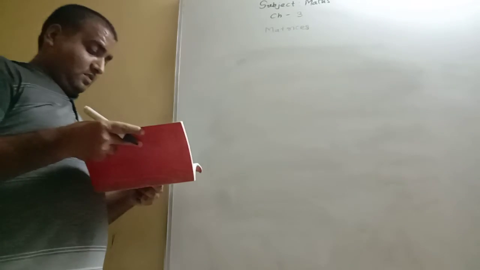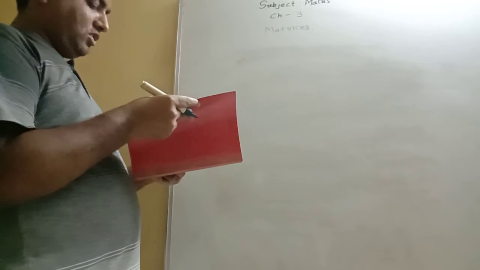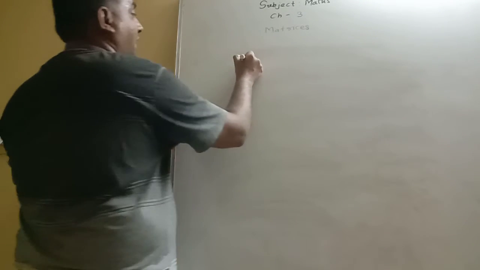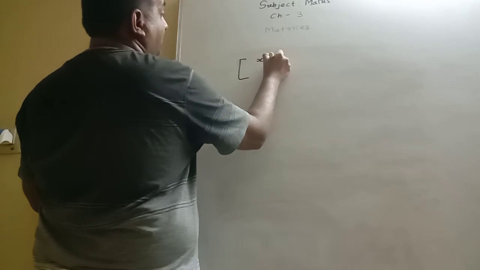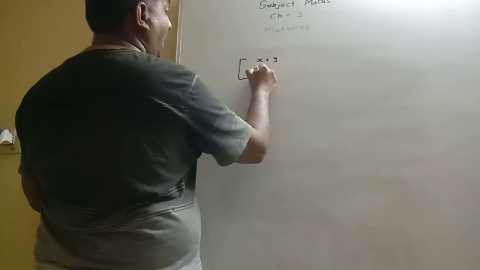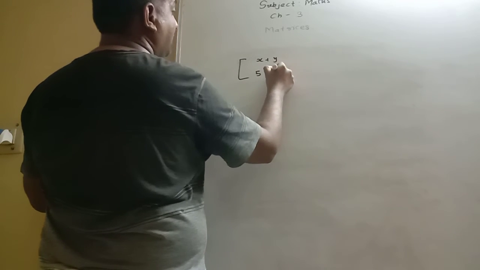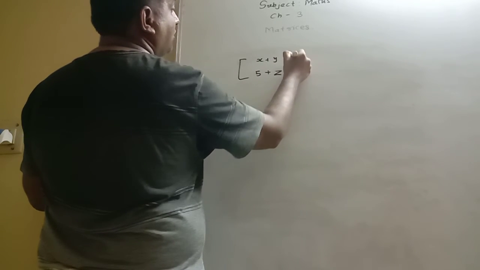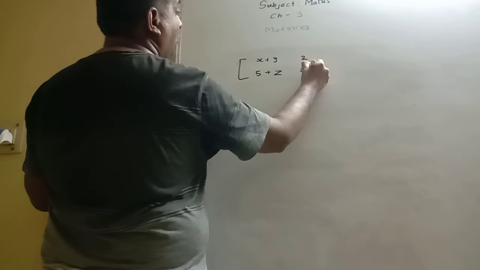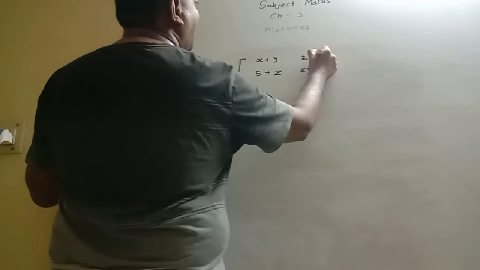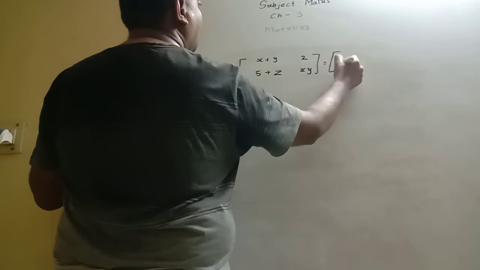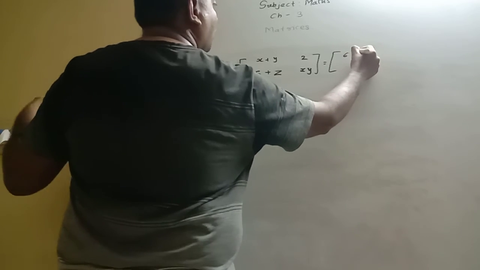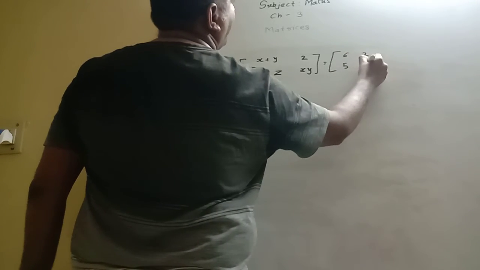Now the second question in question 6 is there: x plus y, i plus z, xy equals to 6, 2, 5, 8.